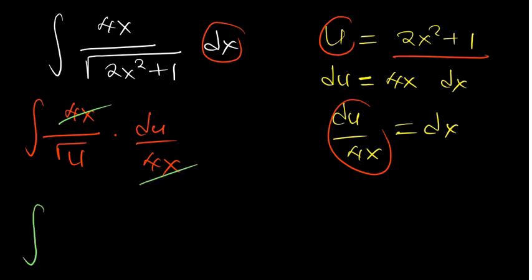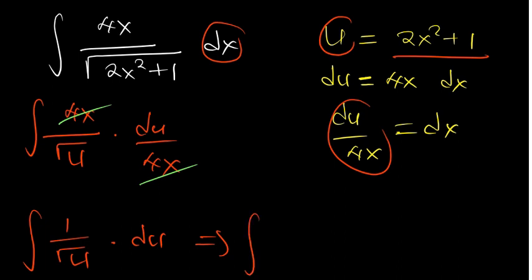We have the integral of 1 over root of u, and then du. Okay, so at this point we can take our u on top, so that it will be 1 over root of u, which is the same as 1 over u to the power half.